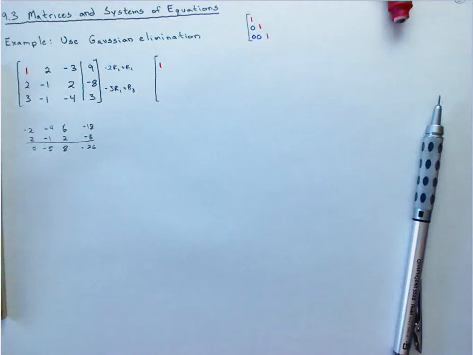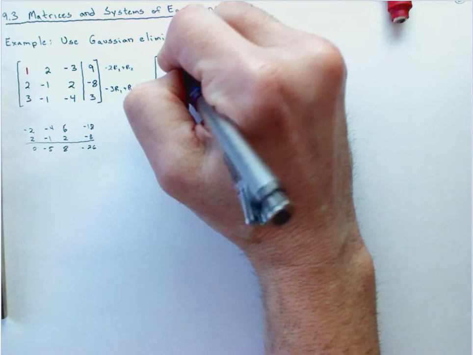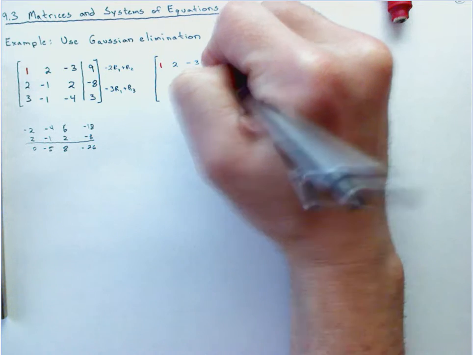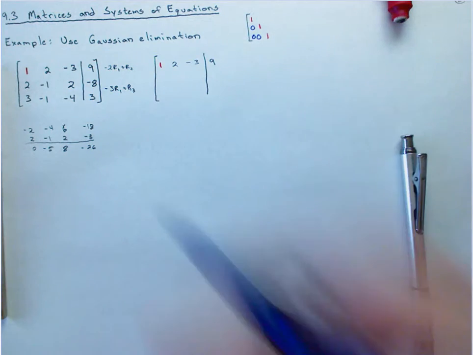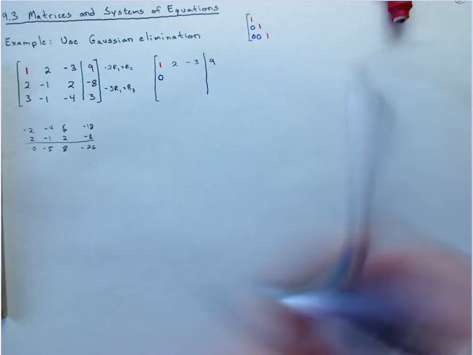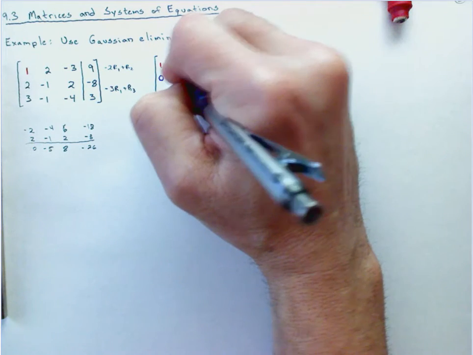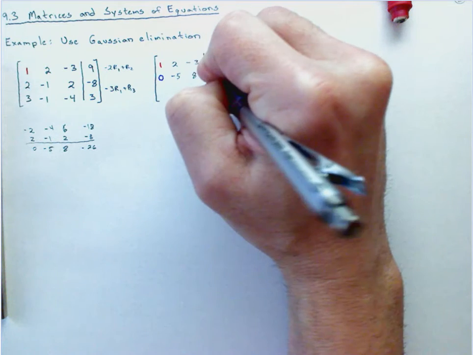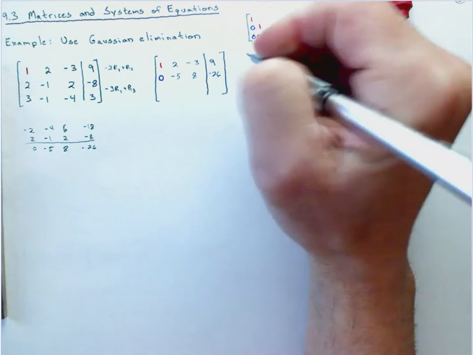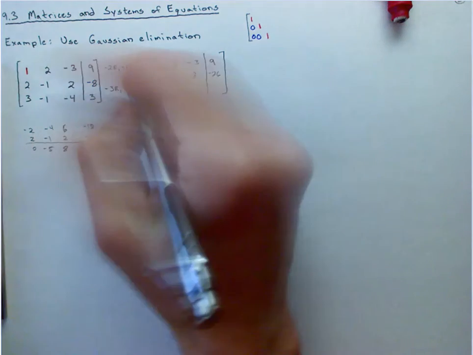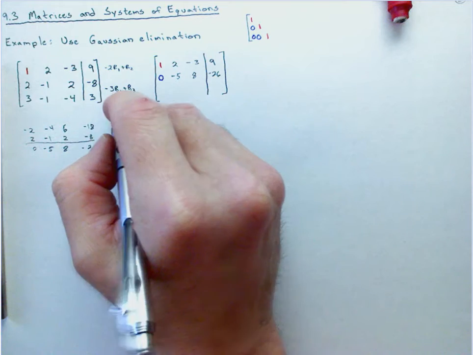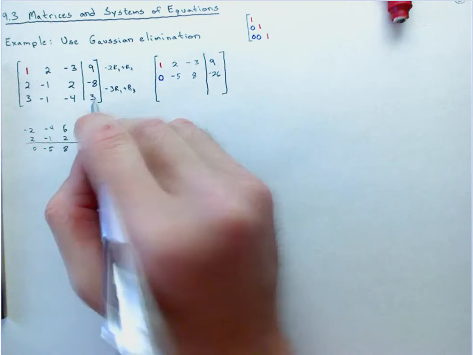So row 1 is 1, 2, negative 3, 9. And in row 2, there's my 0. I needed that. Negative 5, 8, negative 26. Now I'm going to multiply row 1 by a negative 3 and then add it to row 3.